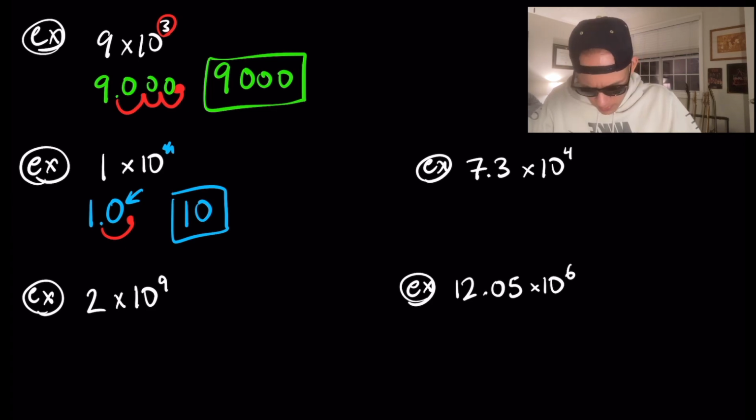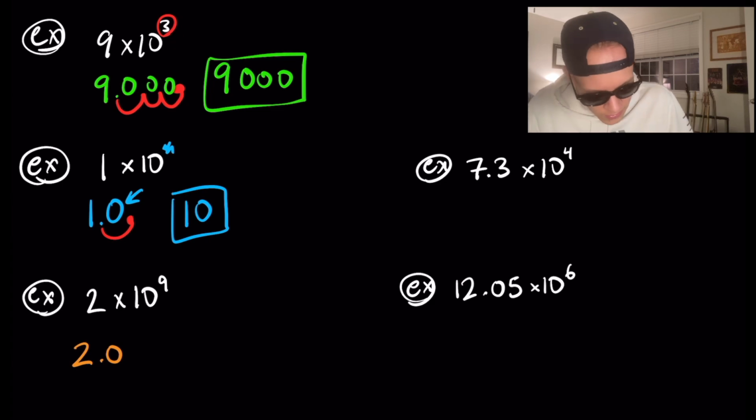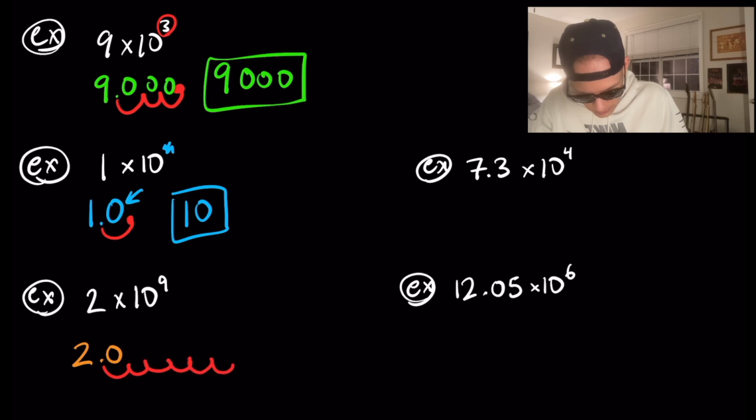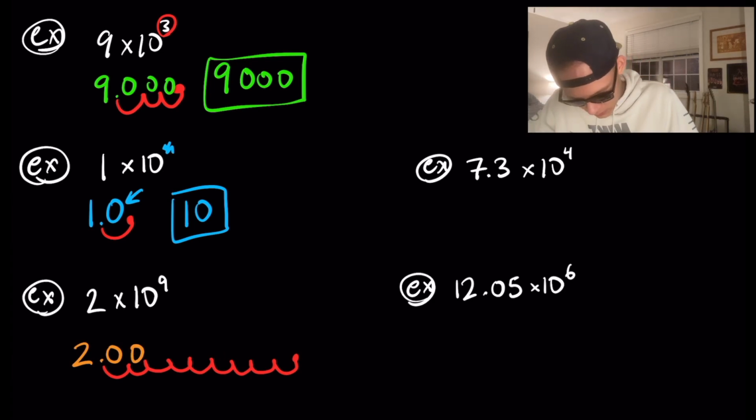Okay, 2 times 10 to the ninth. Again, I'm going to write 2 as a decimal, so 2.0. Then we're going to move the decimal place to the right 9 times. So 1, 2, 3, 4, 5, 6, 7, 8, 9. And put zeros in everywhere else.